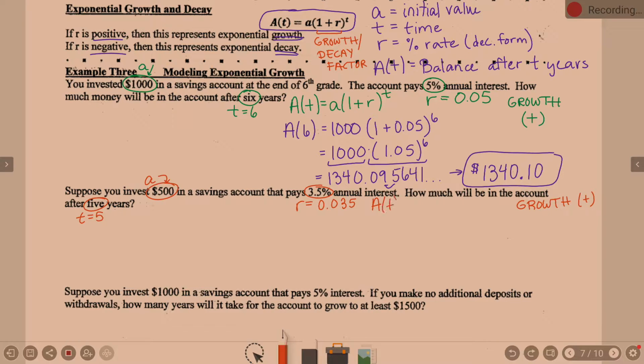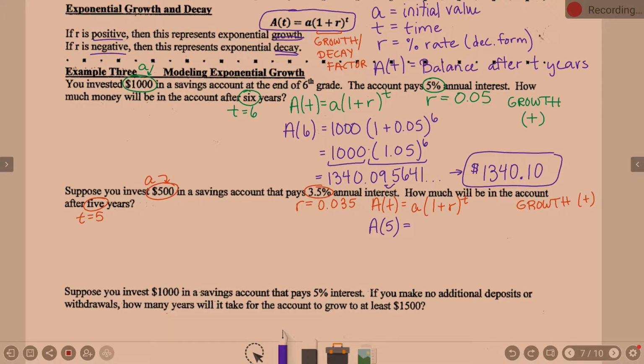Okay, same formula as above. A of T equals A times 1 plus R raised to the T power. And if some of you guys don't like this, we're going to be finding A of 5 because we're finding the amount after 5 years.